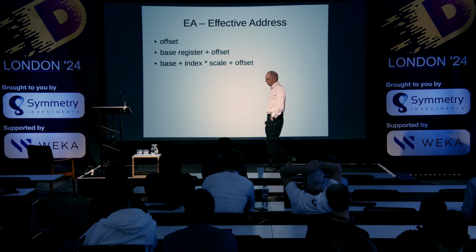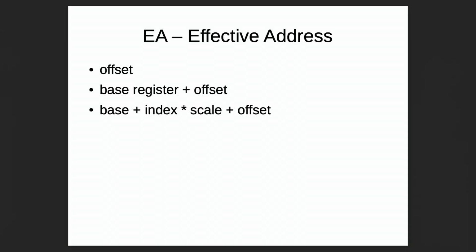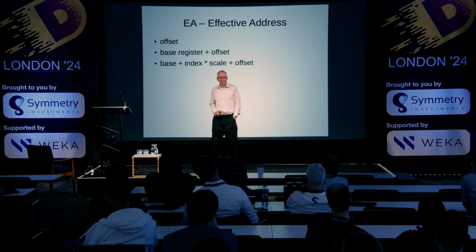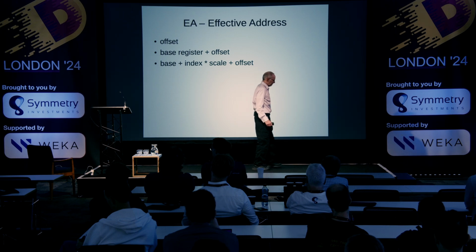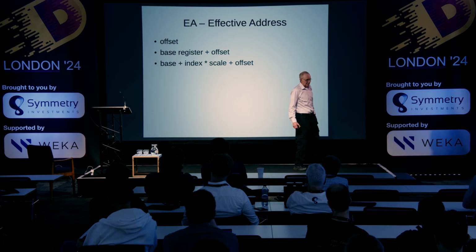And then you have another effective address, which is the offset plus the value in a base register, or you have an offset plus a base register plus an index that is scaled by 1, 2, 4, or 8. So the instruction set for the x86 is all kind of oriented around the EA, and weirdly the ARCH64 is not.